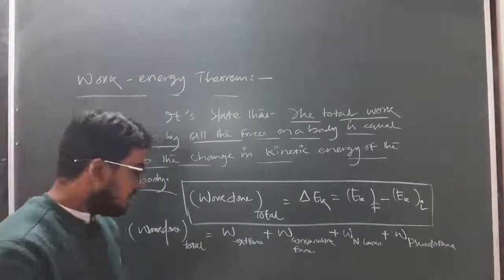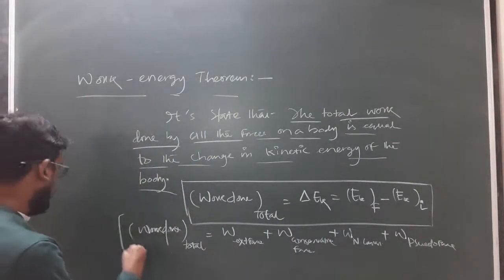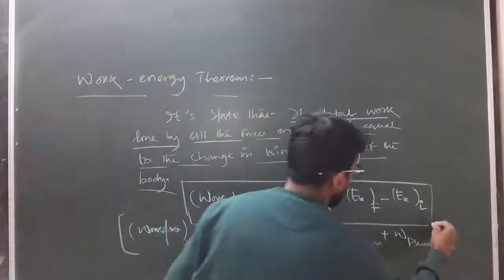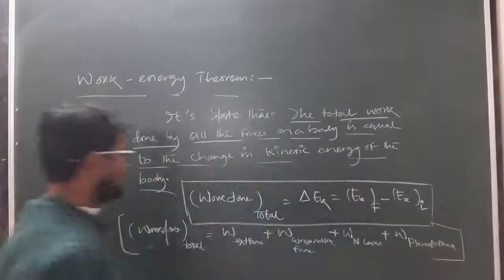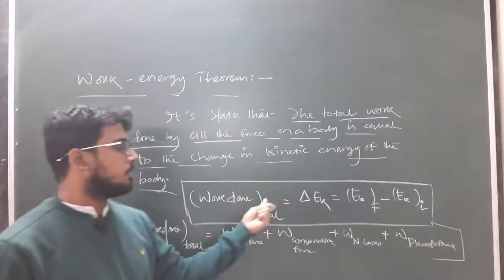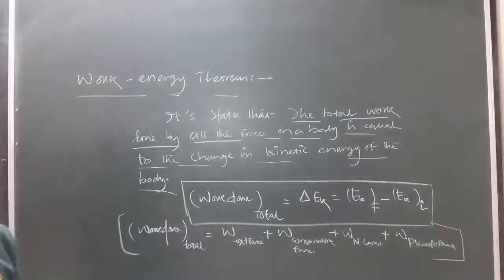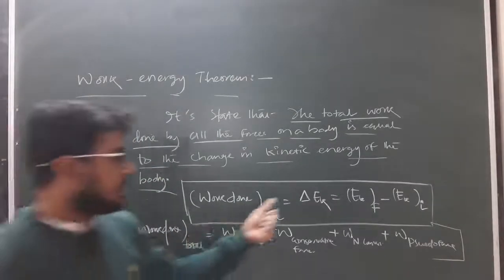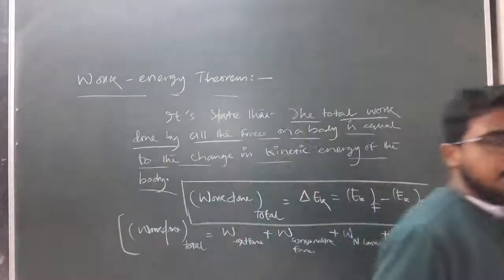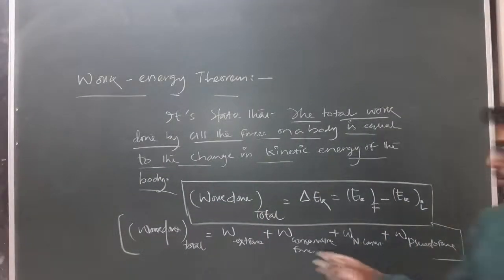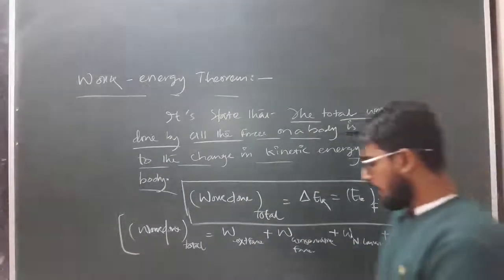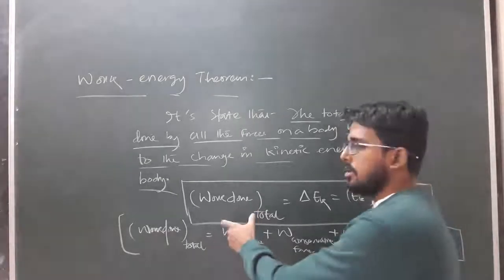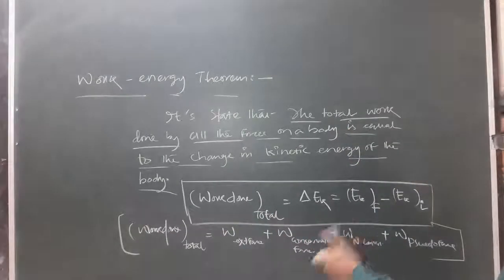This is known as the work energy theorem, and it's a very important theorem. You have to remember this expression: the total work done on a body is equivalent to the net change in its kinetic energy, that is final kinetic energy minus initial kinetic energy. And the total work done is the combination of work done due to each individual force acting on the body.